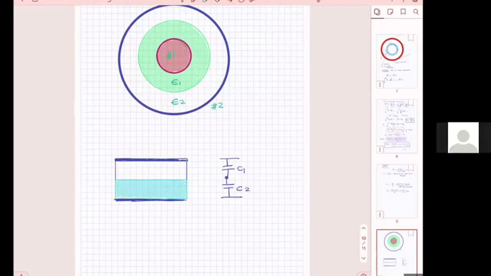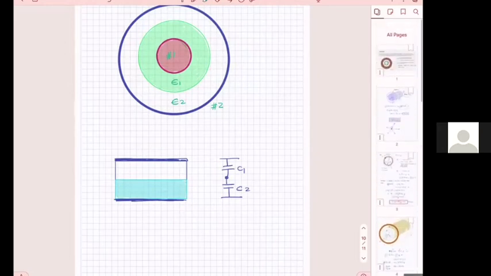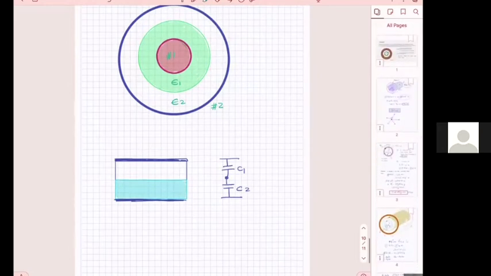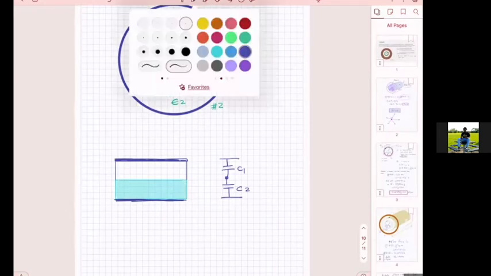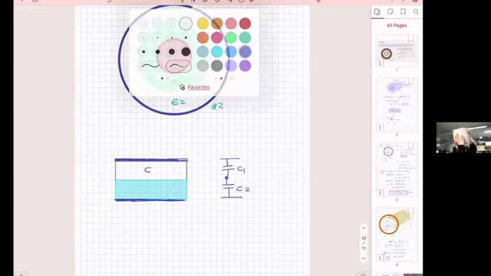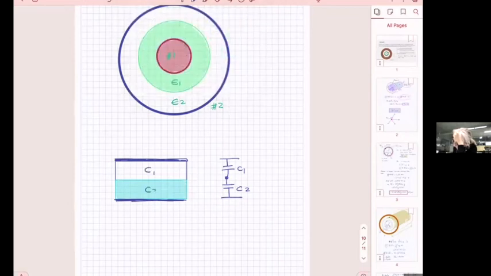Yes, find the capacitance of each plate, exactly. Determine the series or parallel, and solve for the total. So we find C1 and C2.